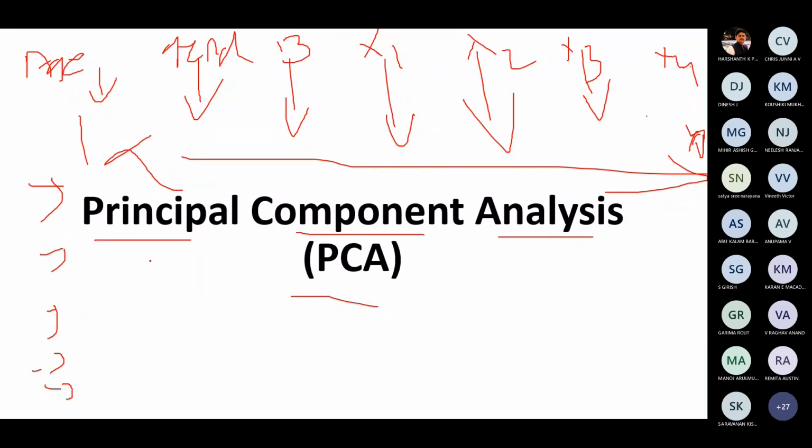If there are multiple dimensions, usually in machine learning we call it a curse. Why do we call it a curse?